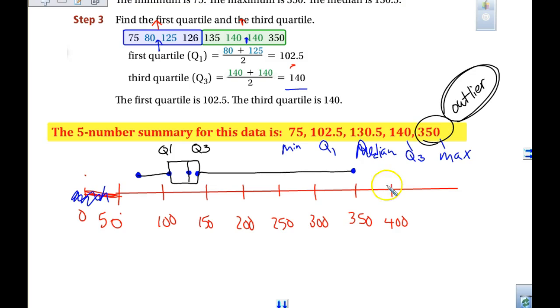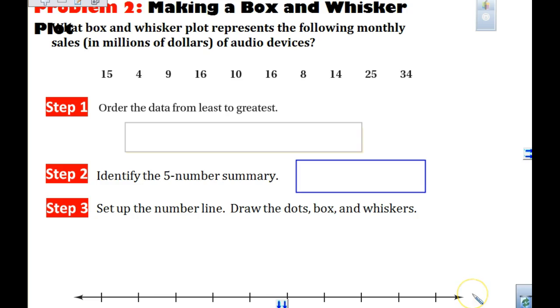Okay. So, yes, we are going to do this one now. Put the numbers in order from least to greatest. So you're going to start with writing down your numbers from the smallest. So we got 4, 8, 9, right? Put them in order from least to greatest first.